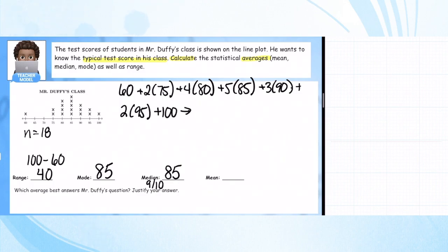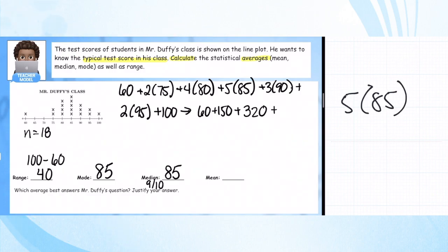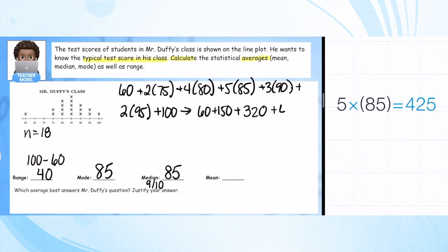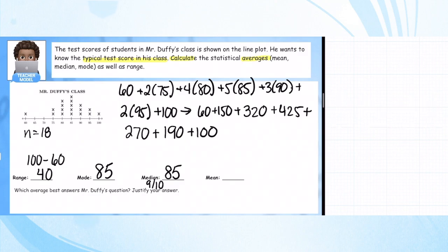All right, let's start simplifying this out. 75 times 2 is 150, so 60 plus 150 plus 4 times 80 is 320. 5 times 85 is 425 plus 270 plus 190 plus 100. Oh God, there are 18 numbers here.